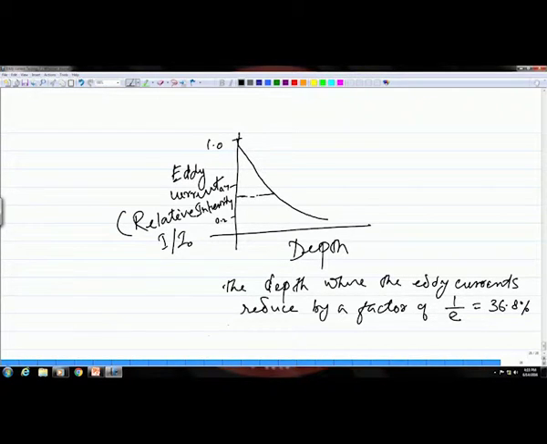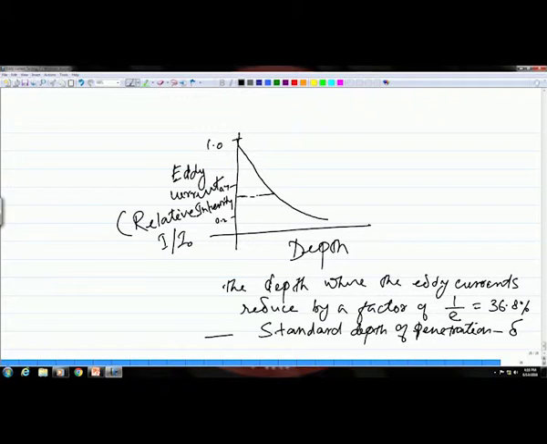That particular depth is known as the standard depth of penetration, which is denoted by delta.